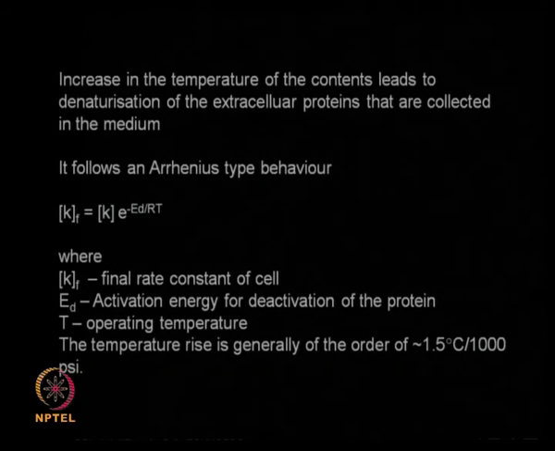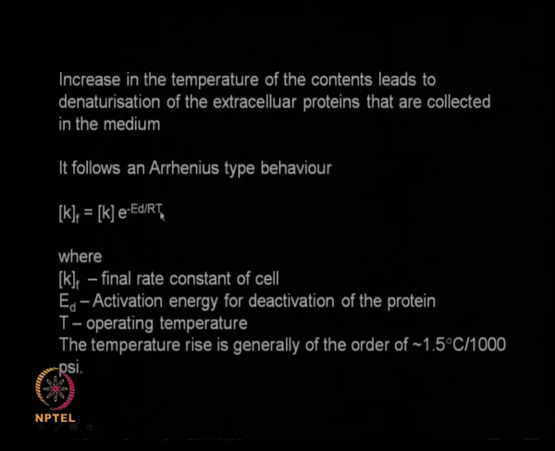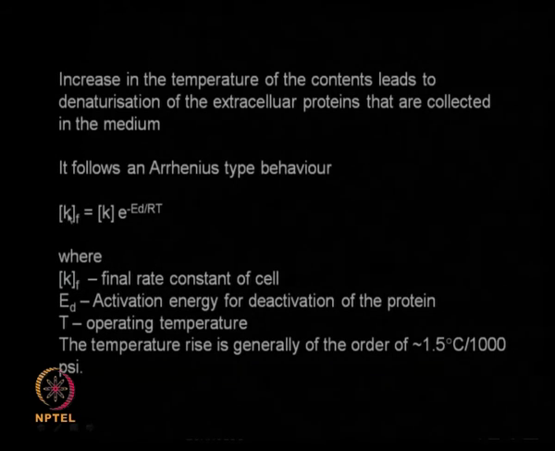So depending upon the operating temperature this value will be less. If the temperature is high, this value is going to go down, correct. If the temperature is low, this value will be higher, and also it will depend upon the deactivation activation energy. The temperature rise is generally of the order of 1.5 degrees for every 1000 psi.